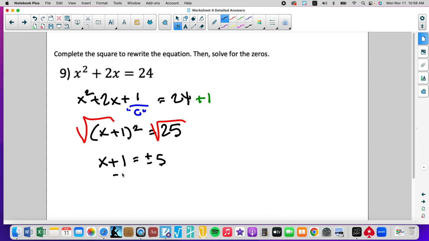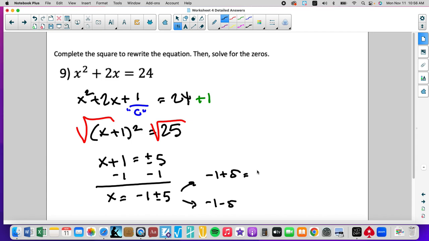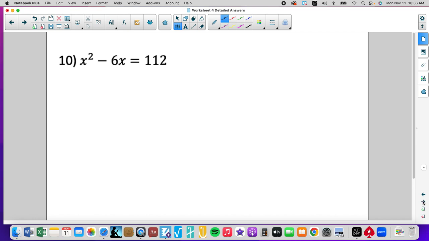And now we subtract 1, we get x equals negative 1 plus or minus 5. So we have to do negative 1 plus 5, and we have to do negative 1 minus 5. That's going to be 4, this is going to be negative 6, and those are my two solutions. Yes, pretty good, right? Again, really efficient.